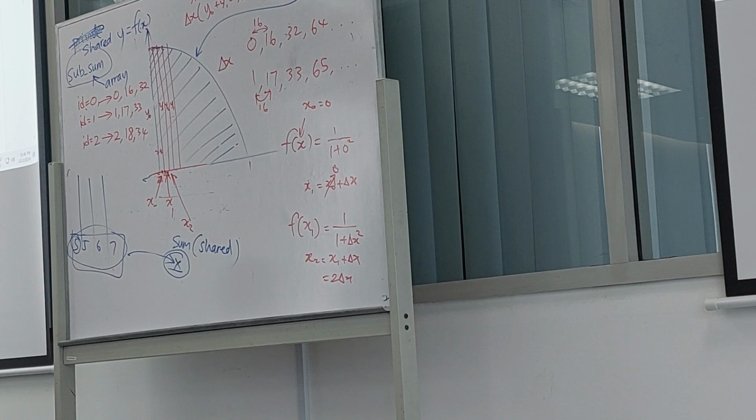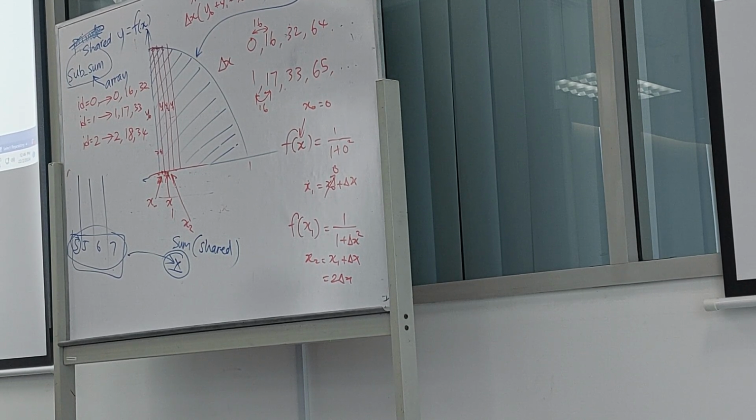This code. Okay. That will be long num steps, 100,000. And then double step.